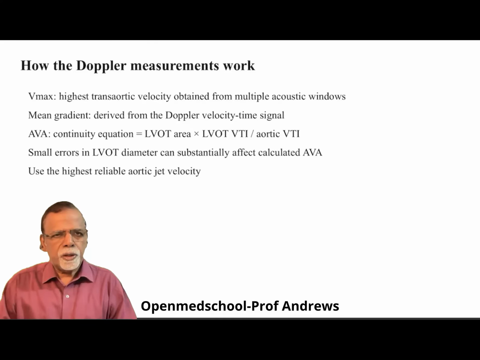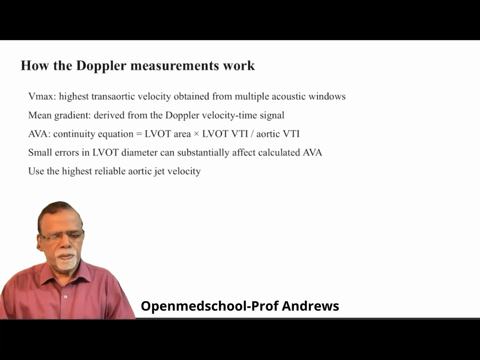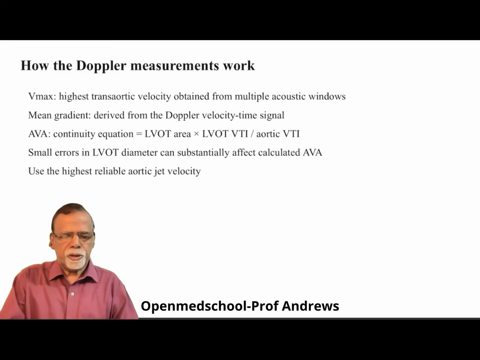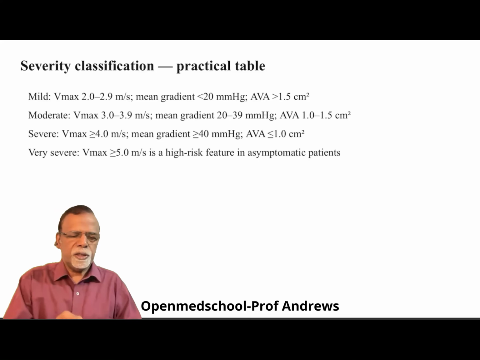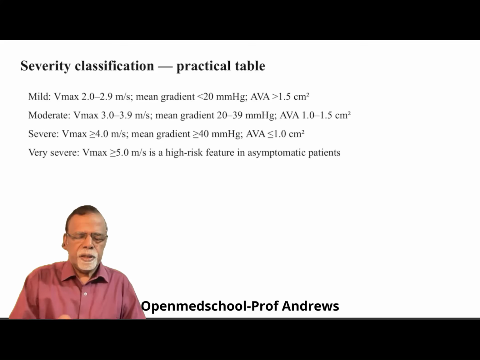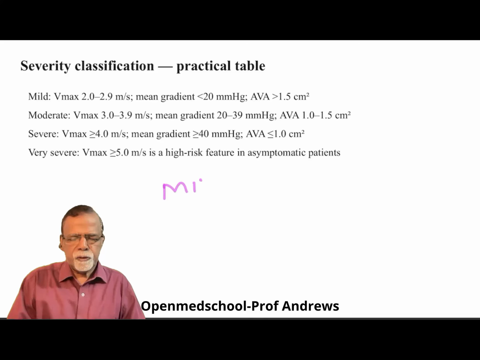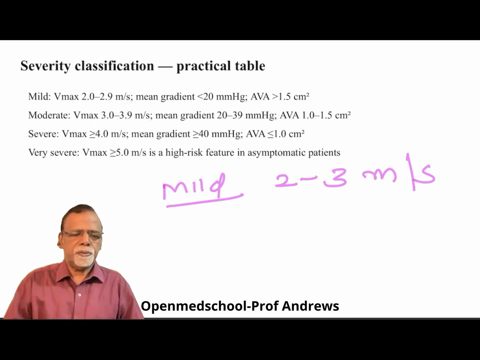And the Doppler echo is used to assess the transaortic velocity, the highest. The details I am not going to discuss. The severity classification is the practical table. Remember this: in mild aortic stenosis, Vmax is 2 to 3 meters per second.